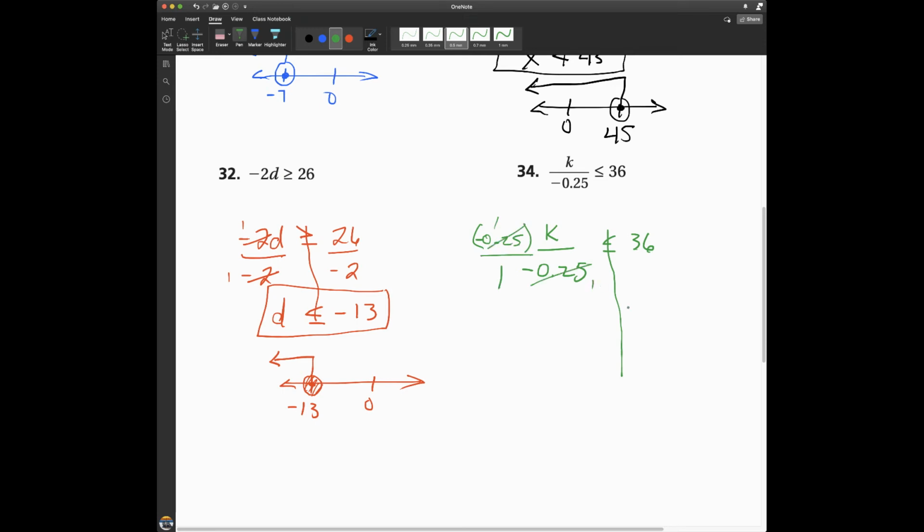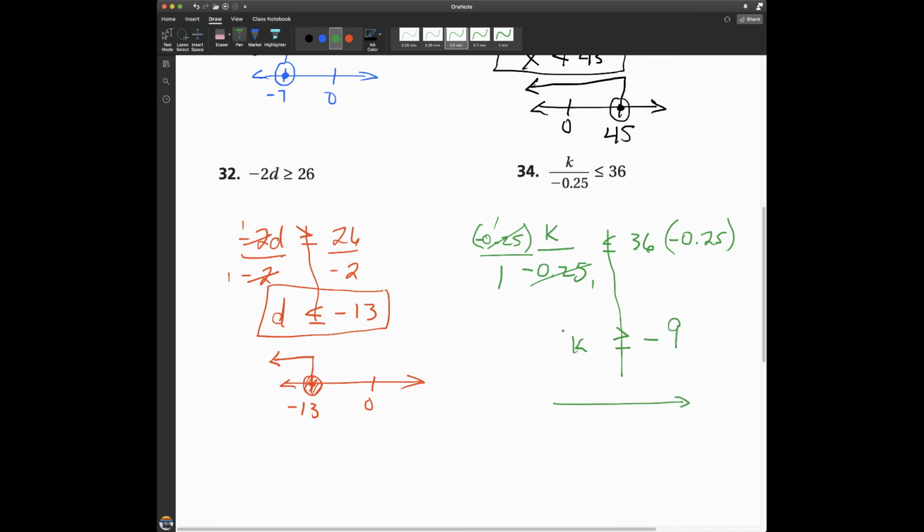That leaves k by itself. But I also have to multiply this side. And when I'm doing this multiplication, I have to remember to change the direction of the inequality sign because I am multiplying by a negative number. So 36 times negative 0.25 is negative 9, because positive times negative is negative.